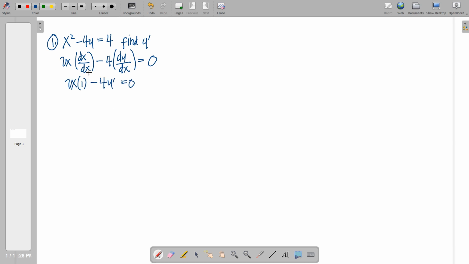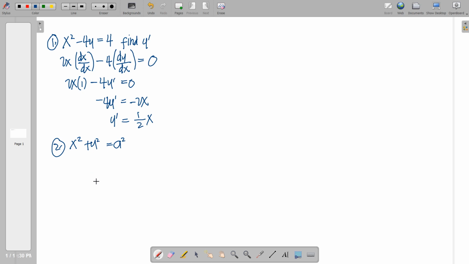Then we simply substitute that this is 1 and this dy over dx is y prime, and then solve for y prime. First, 2x will be transposed to the right side, and then we can divide both sides by 4 and solve for y prime. So y prime here is equal to 1/2 of x.